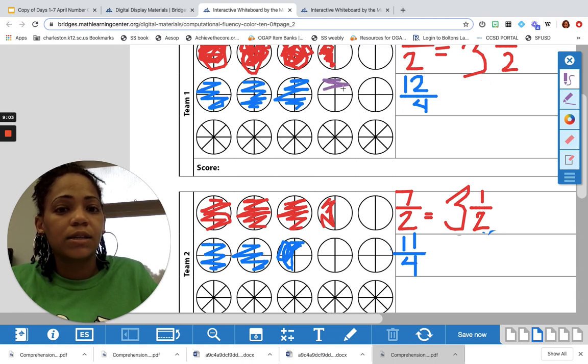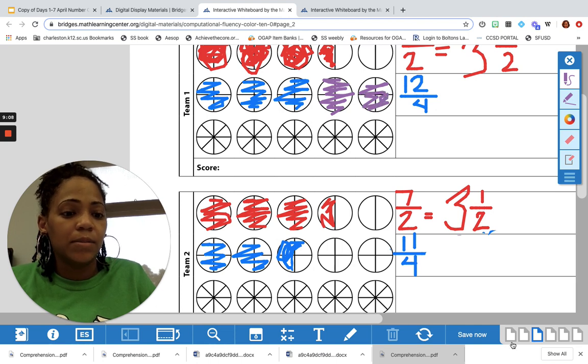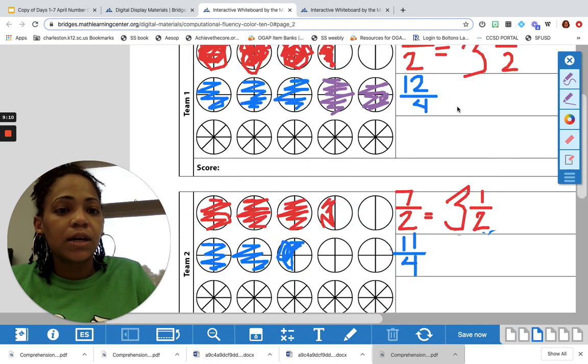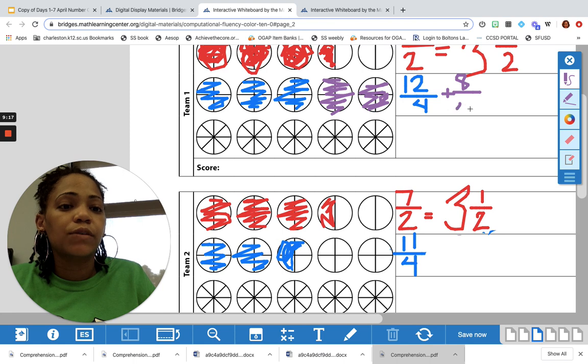I got 8 fourths. You guys also spun 8, I believe. You did. So I'll do plus 8 fourths, which was 20 fourths. And so I guess I didn't really need to erase that, huh?